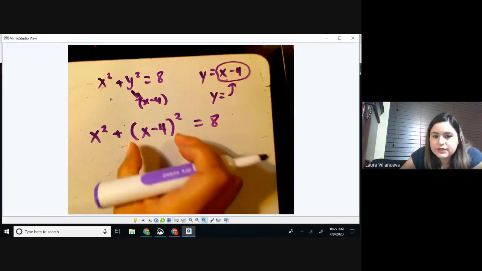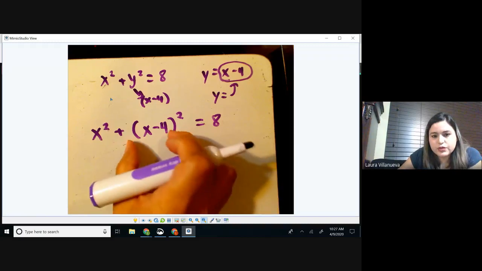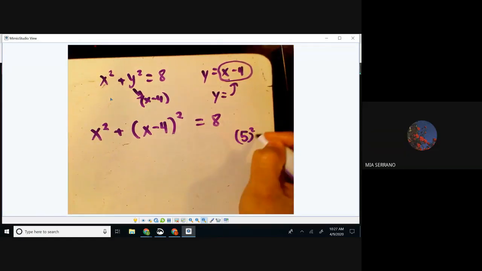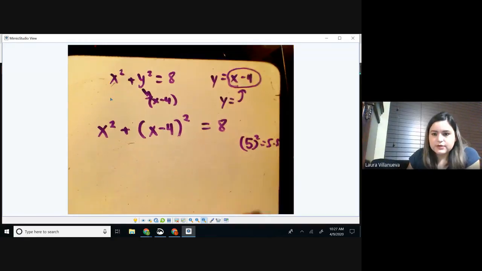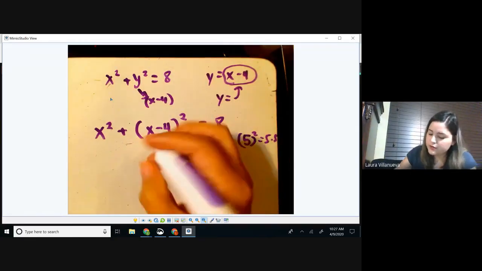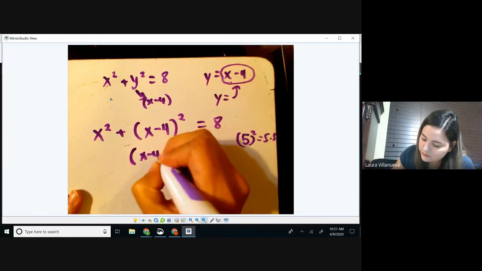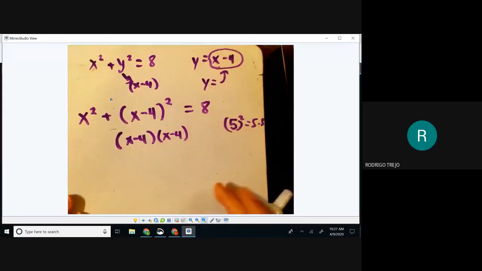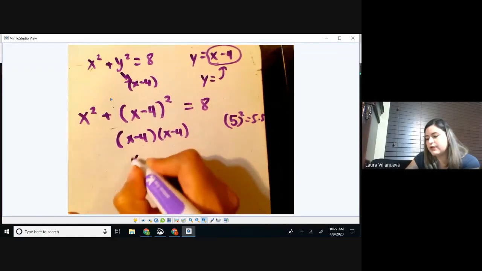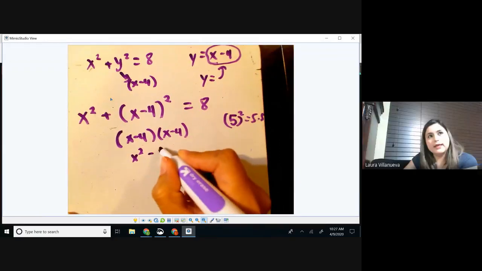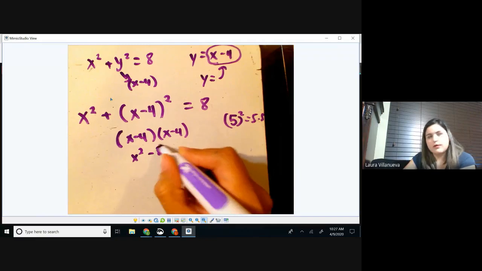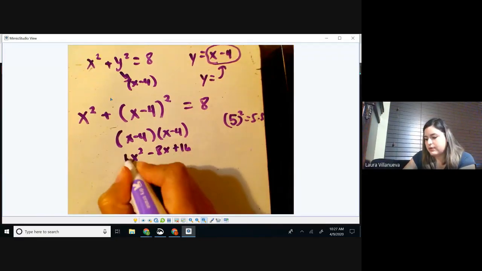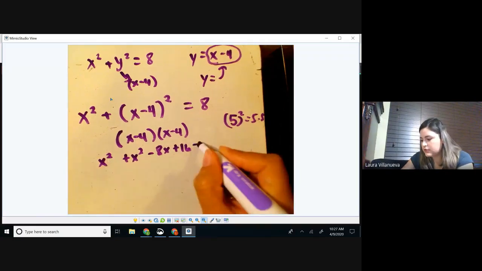Remember, when you have this, it means that you have two of these in the middle. Like if I have 5 squared, it means 5 times 5, right? So if I have x minus 4 squared, it means that I have x minus 4 times x minus 4. So it'll be x squared minus 8x plus 16 plus x squared equals 8.